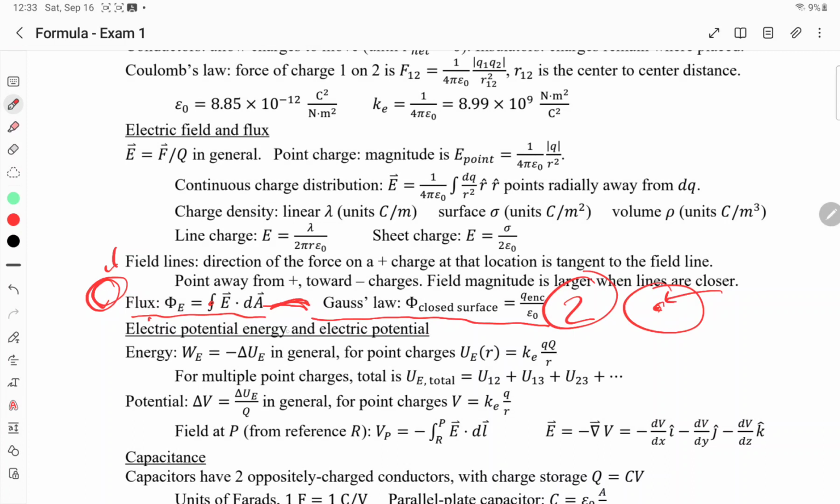A lot of kids, when they come into office hours, say, hey, it said area here. And when we had questions with a charged cylinder, and your Gaussian surface was encapsulating it, a lot of kids would ask, how do you know you're not using the area of your charged surface? Why are you using the Gaussian surface?